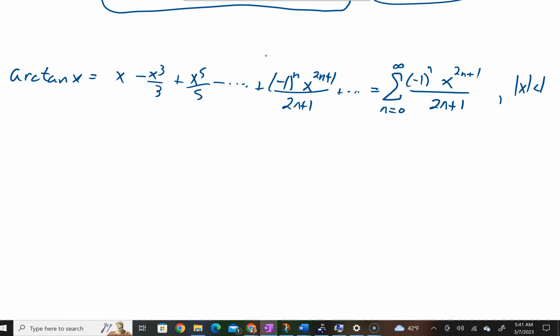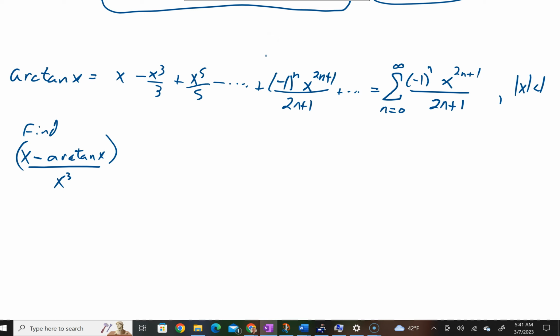So they're saying use this, and then they want us to find a power series for x minus arctan of x, divided by x cubed. So there is a numerator up here. There's really understood parentheses, and then we're going to divide by x cubed.